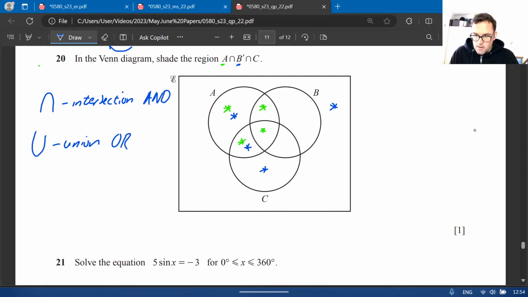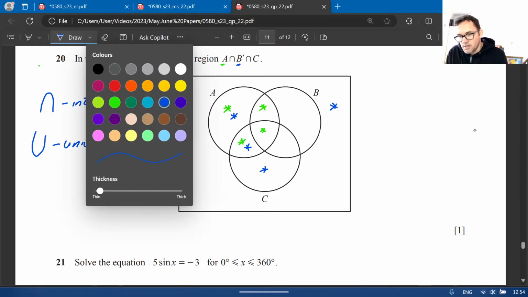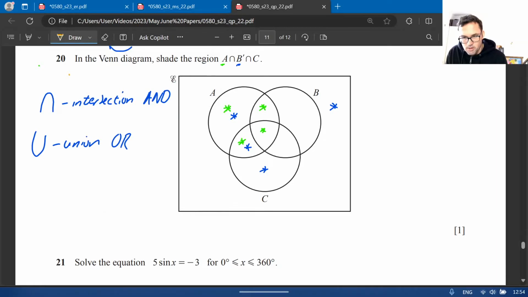Last one, C. Let's do this one in orange. So this is in C, this is in C, this is in C, this is in C. Now this being intersection means it has to be in the one and the other and the other. It has to fulfill the first requirement and the second and the third. There's no union. So it's only where I now have all 3 dots.